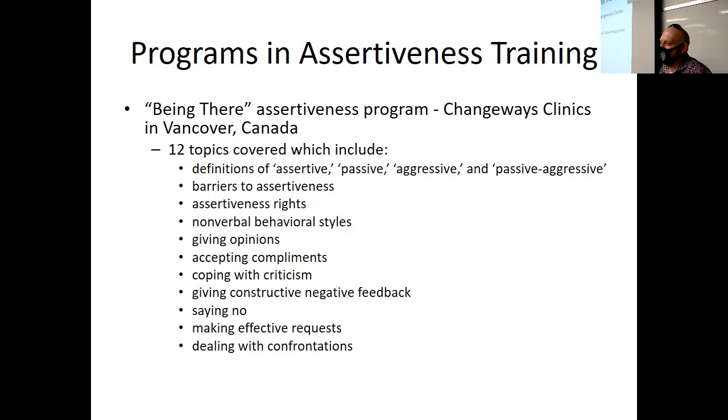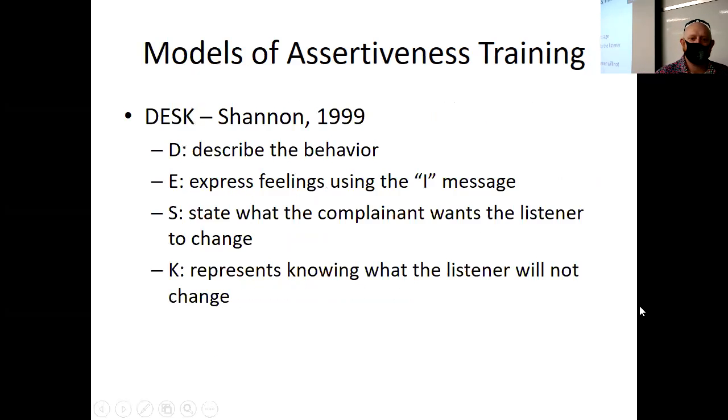When we're in a confrontation, there's an assertive way, there's an aggressive way, and those are different. You can be assertive and still separate yourself from the situation. Being aggressive is going to generally escalate what's going on. So they talk about dealing with confrontations and being assertive yet not aggressive.